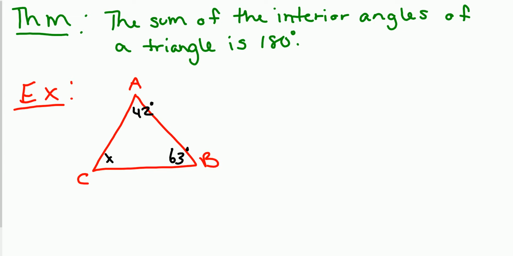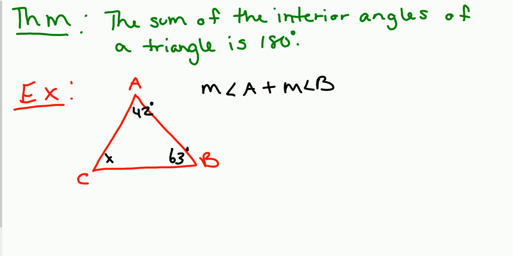So how would we do this? Knowing the theorem that the angles equal 180 degrees, we could just add the measure of angle A plus the measure of angle B, and then subtract that from 180 degrees.